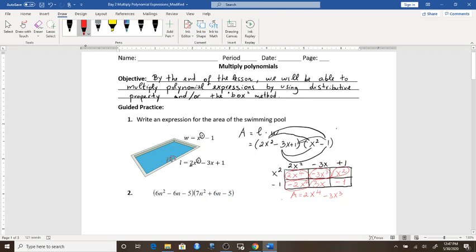Negative 2x squared and x squared add up to negative 1x squared, or just negative x squared. 3x is by itself, so we write it down. And then negative 1 is by itself, so we write it down, minus 1. So that's the expression for the area of the swimming pool. And notice how we get a polynomial expression of degree 4 and leading coefficient equal to 2.